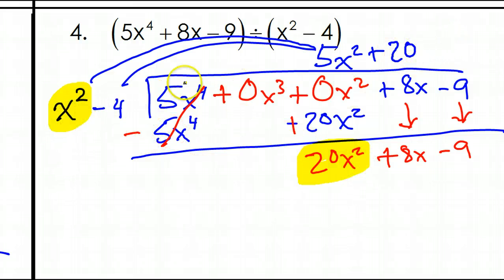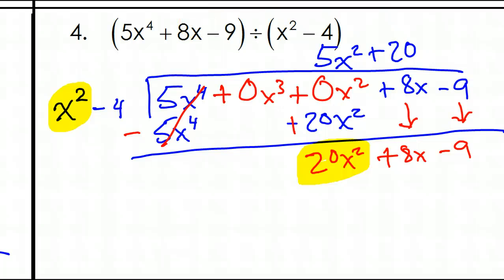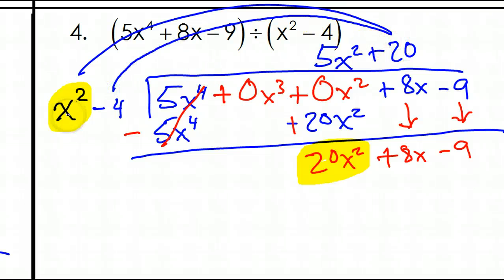So x squared times 20 is 20x squared. Now take that 20 and distribute. Okay, so that 20 is coming like this. All right, 20 times x squared, of course, is 20x squared. That's what we wanted. 20 times negative 4 is negative 80.